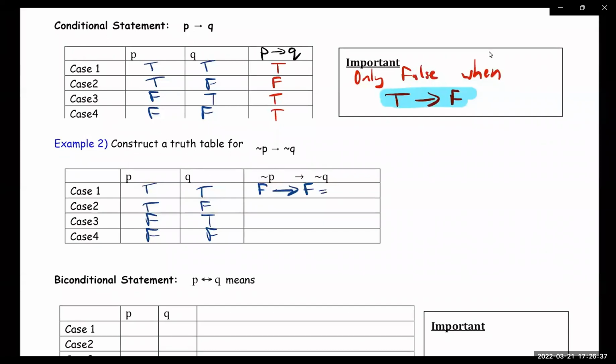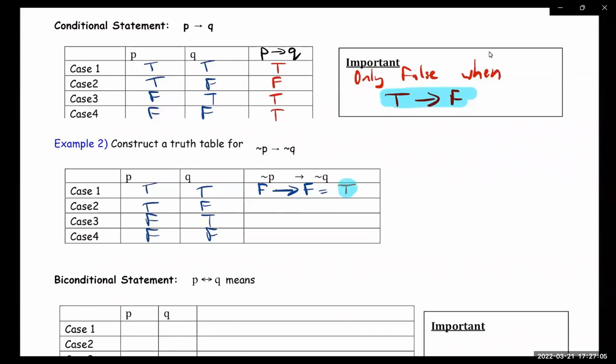So what would be the final result of this conditional statement? True or false? Would it be false? Let me see. No, it's only going to be false if you have a true followed by a false. But in this case, you start off with the false statement, so it's already going to be true to begin with. Okay.